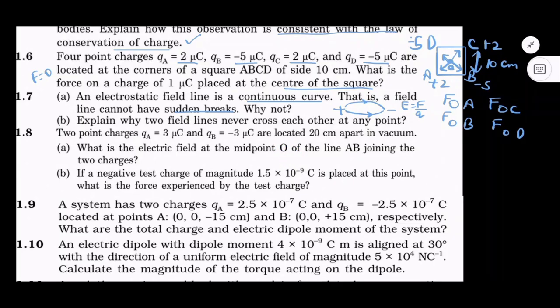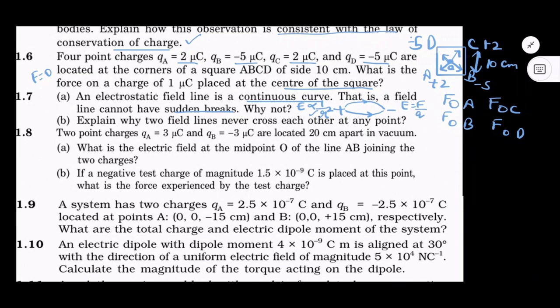You can write that the electric field is inversely proportional to r square. This expression also shows that the electric field decreases gradually as we increase the distance. So there is a gradual decrease, and nothing that can cause sudden breaks or jumps.